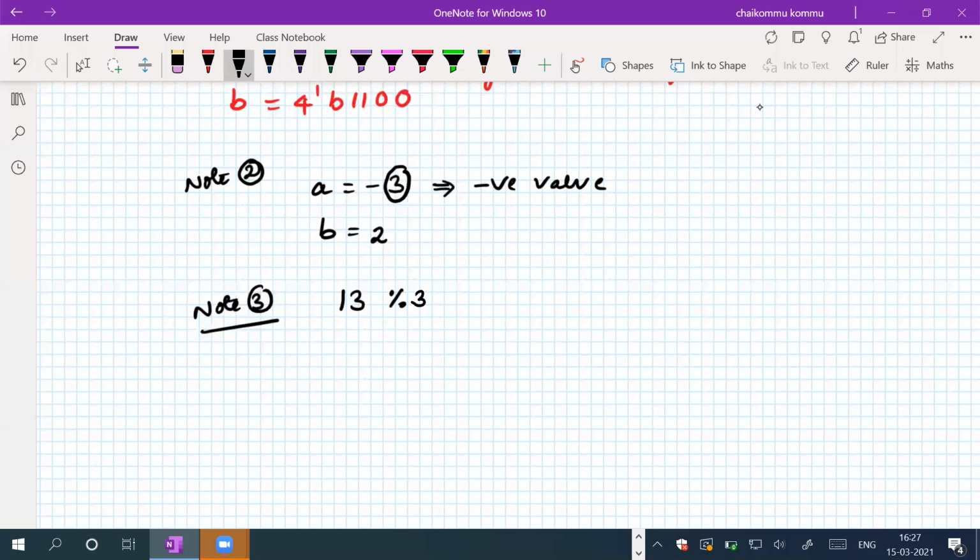Whatever the remainder is, that remainder it will show you. So what is the remainder for this one? 3 3s are 9, 3 4s are 12. What is remaining? 1 is remaining. So it shows the remainder value, 1. Like this, modulus will be noted here. Of course, we are not mainly focusing on these arithmetic operators frequently. We just want to stop here for the arithmetic operation.